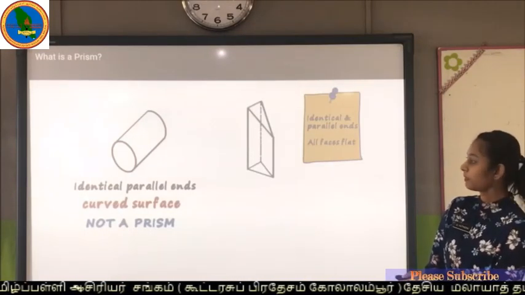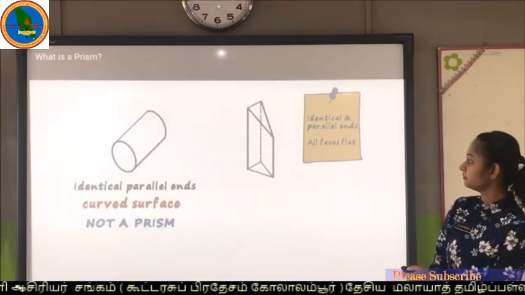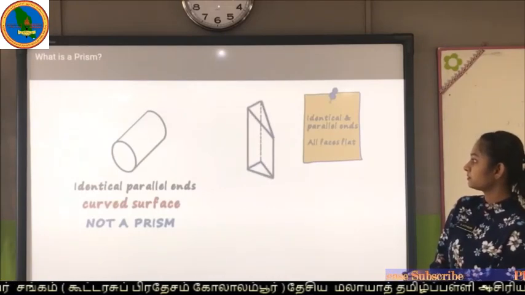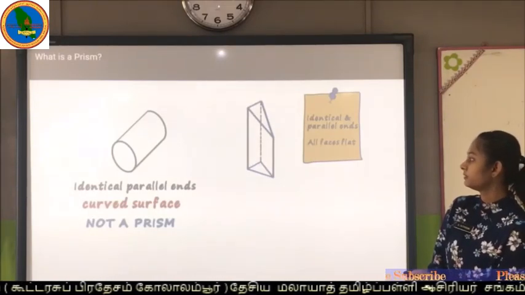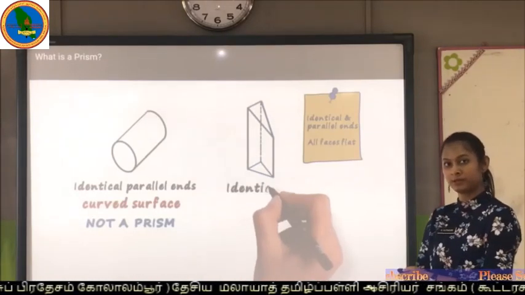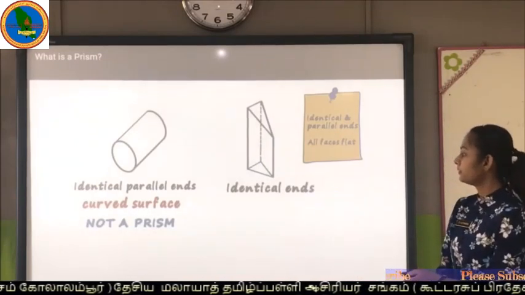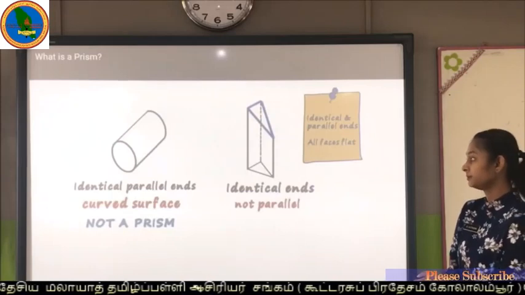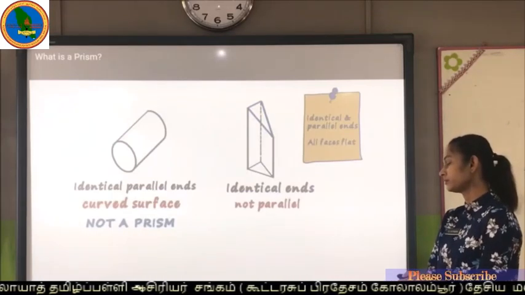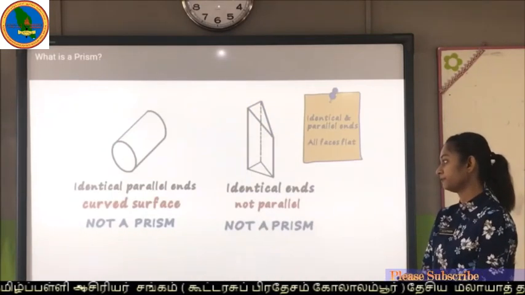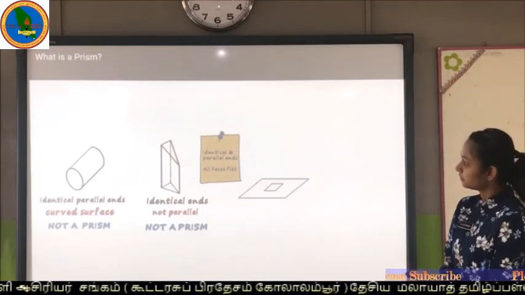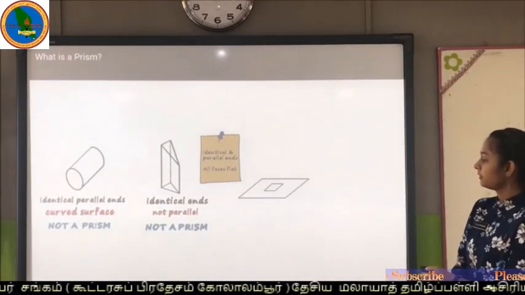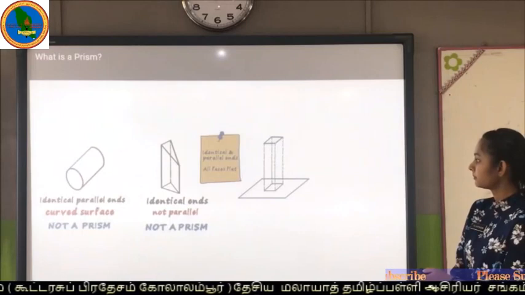Here's another figure. First we look at the ends. Both are triangles and hence we can say that this figure has identical ends. But wait, they are not parallel. The upper triangle is slightly tilted, so this figure as well is not a prism. Now assume we have a plane with a rectangle on it. If we project the rectangle upwards equally from all sides, we can get a prism.